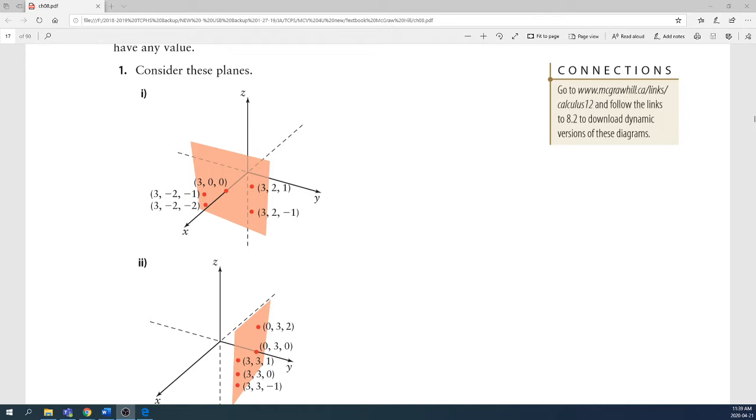What we saw in 8.1 is how to express a line using vector and scalar equations. Now, we saw that you cannot represent a line with a scalar equation in three-dimensional space. That three-dimensional scalar equation is actually the equation of a two-dimensional surface, so a plane.